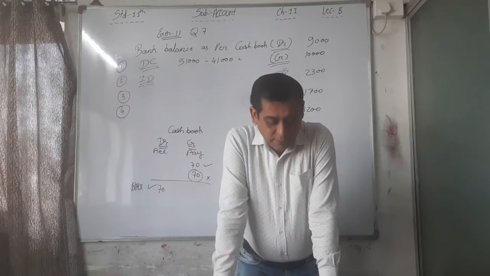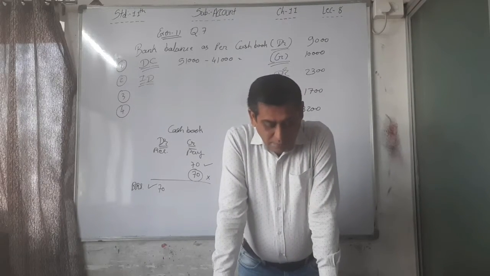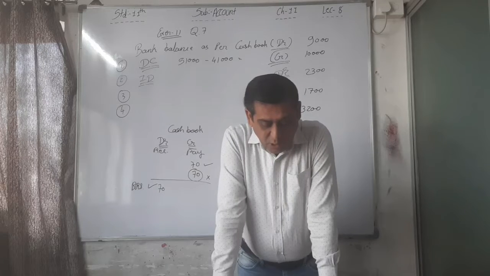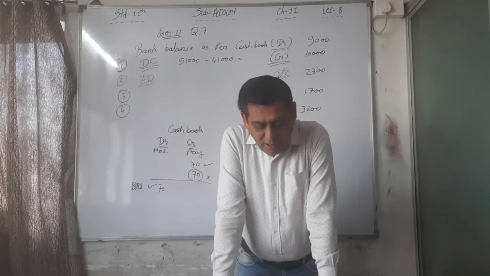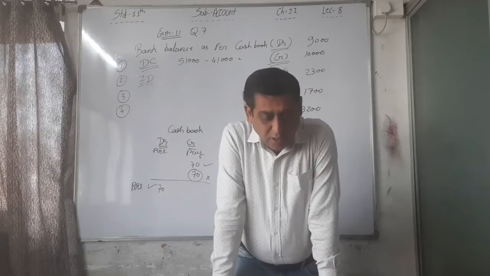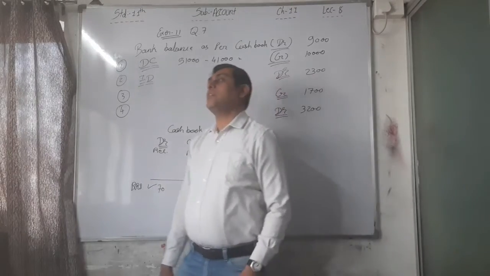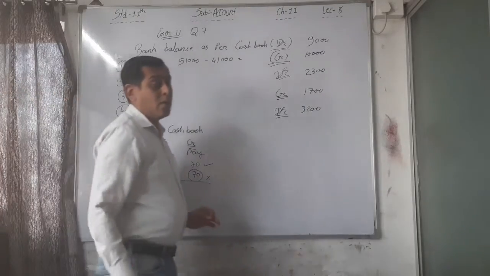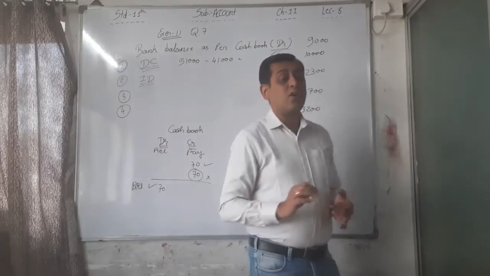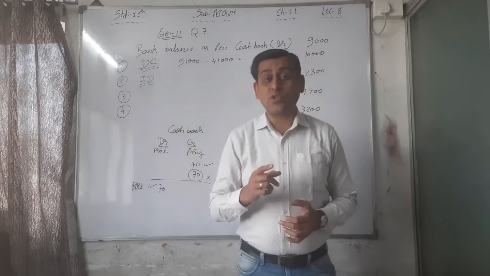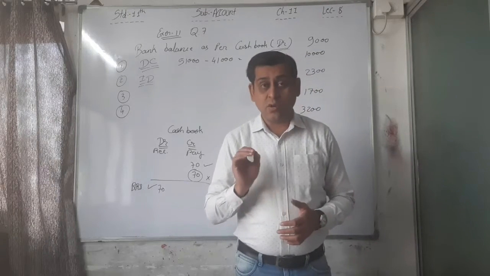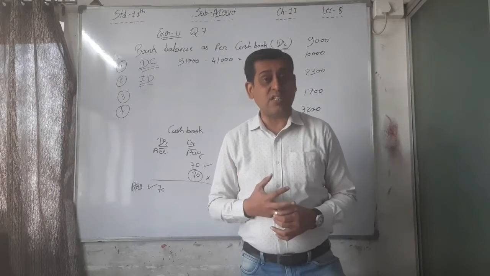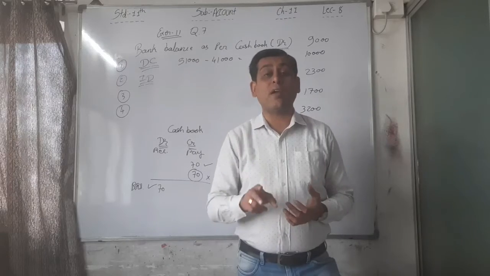Now the 11th point. Bills receivable of rupees 1200 discounted with bank is dishonored. Again, whenever the dishonored word is there, we have to just remember that we have to credit that particular amount. But here, not only bills receivable, but the extra charges, that is noting charges, are also included.